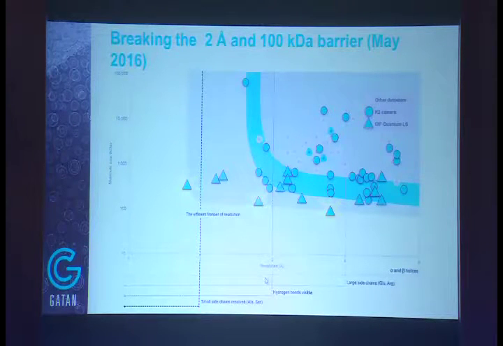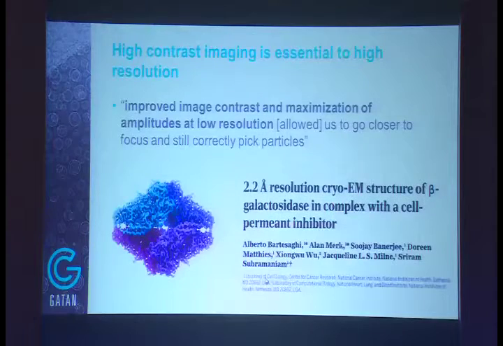I want to take a second to talk a little bit about why that might be as we go through this year. When Sriram published this 2.2 angstrom structure of beta-galactosidase, one of the quotes in that article was that improved image contrast and maximization of amplitudes at low resolution allowed us to go closer to focus and still correctly pick particles.